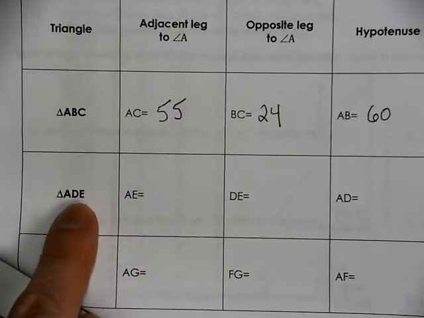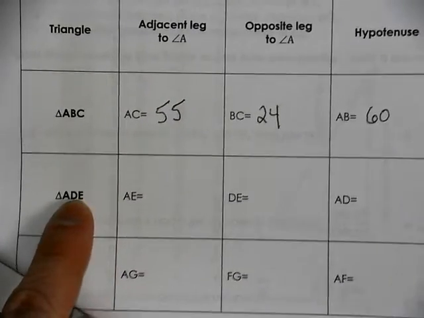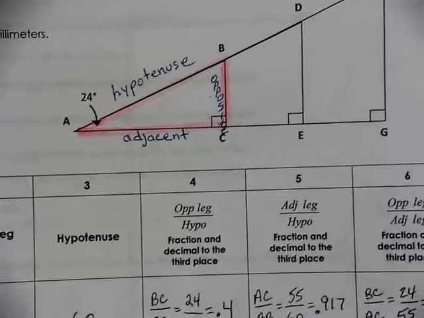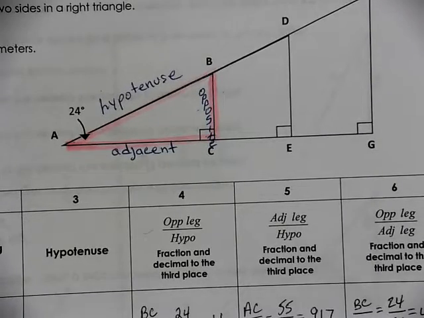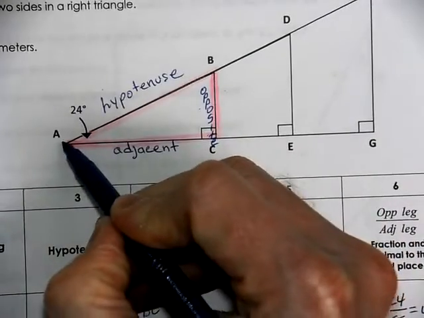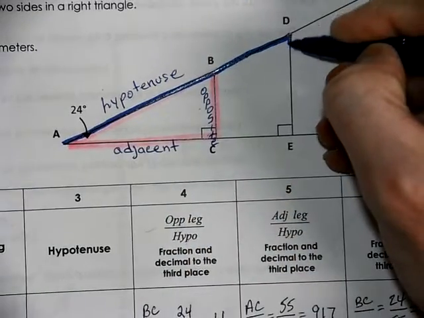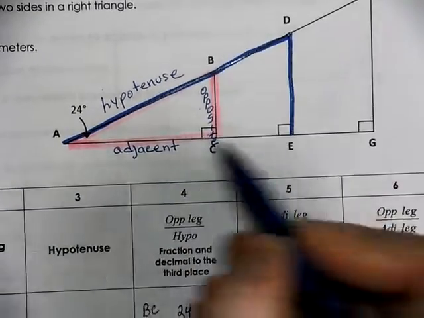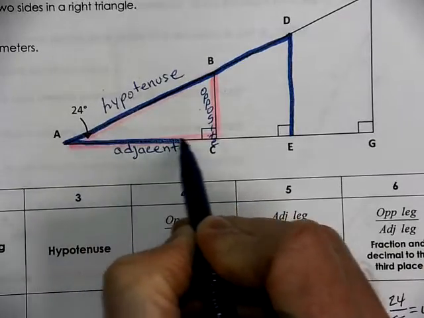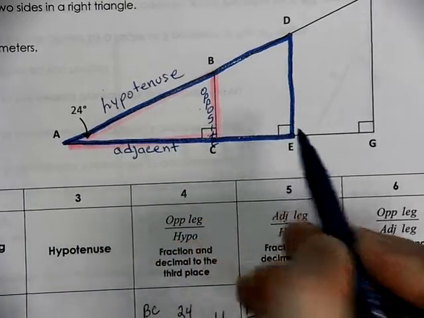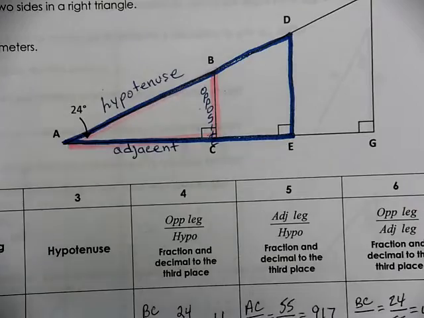So now we're going to look at triangle ADE. ADE is the larger triangle. A to D to E. So now we're looking at that blue triangle.